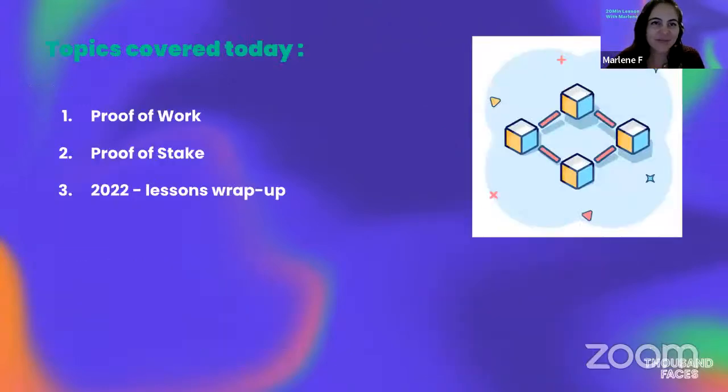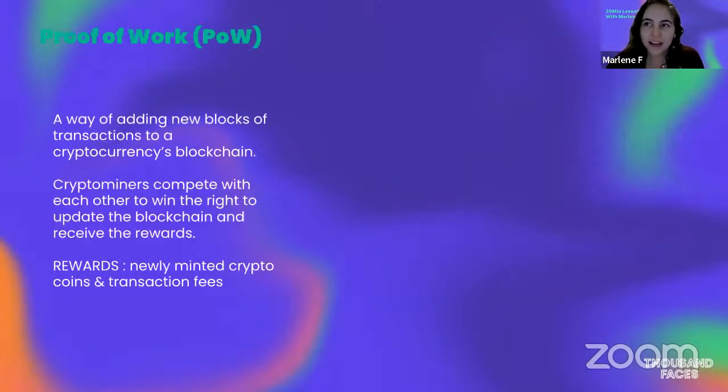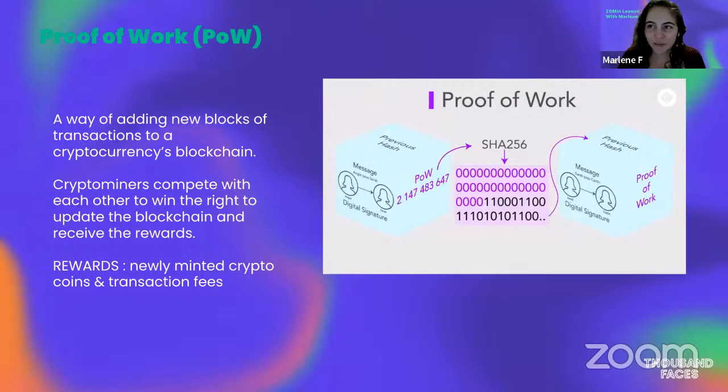Let's dive in. So today we will look at concepts that you've probably heard of, proof of work or POW, proof of stake or POS, and then we will do the final wrap-up lesson. So as you've probably seen in the Web3 and the crypto world, there's a common use of acronyms and short terms for some words.